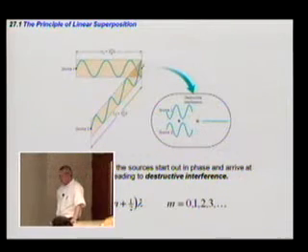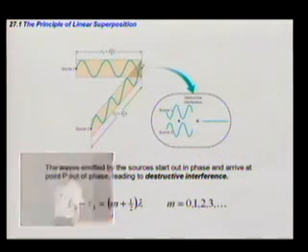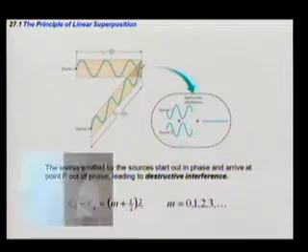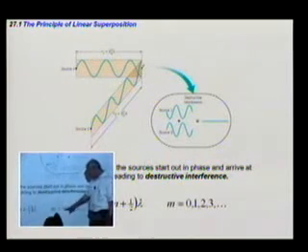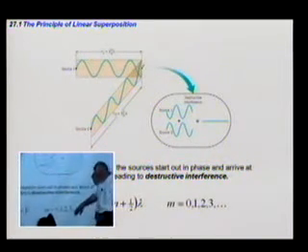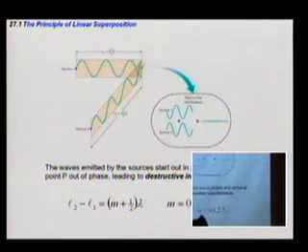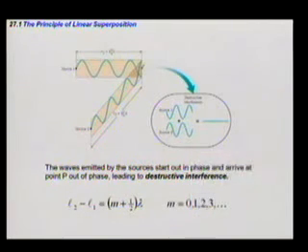Again, m starts at 0, 1, 2, 3, and goes on out to however many fringes you want. I'll discuss what fringes are in a minute. But these are at a half from each other. All right, so let's take a look at what all this means.